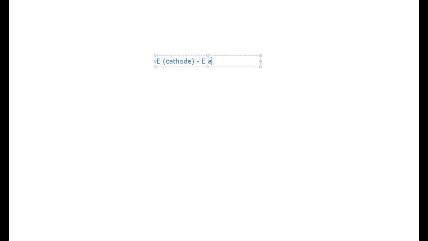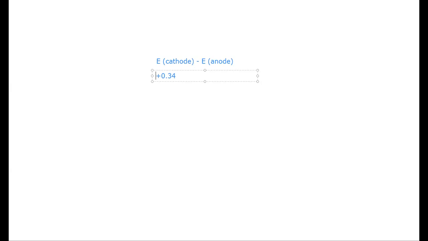So what you should have had is, for the cathode, plus 0.34, and for the anode, negative 0.76.